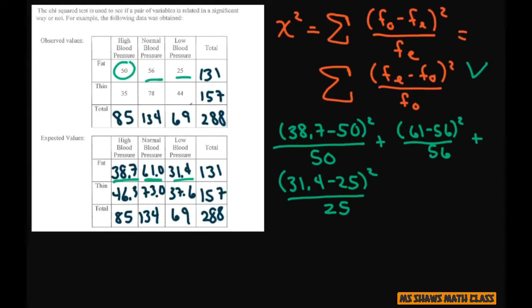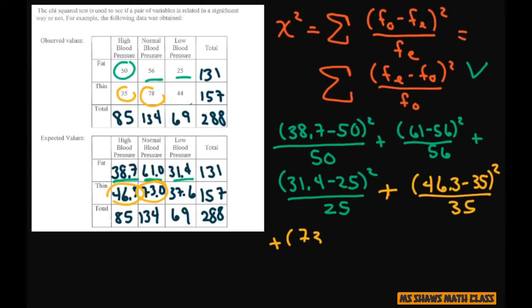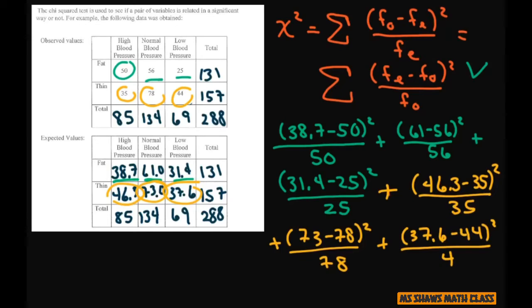Okay, so there's that one. Now let's do the second row. So that one's going to be these two. So that's going to be 46.3 minus 35 squared divided by 35, plus these two, 73 minus 78 squared divided by 78, plus finally your last one is going to be 37.6 minus 44 squared divided by 44.